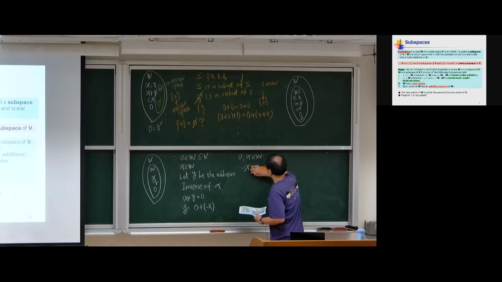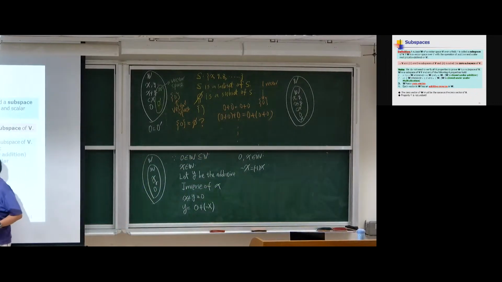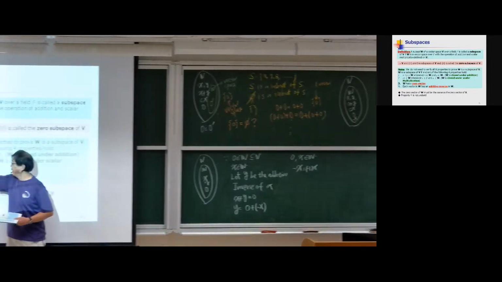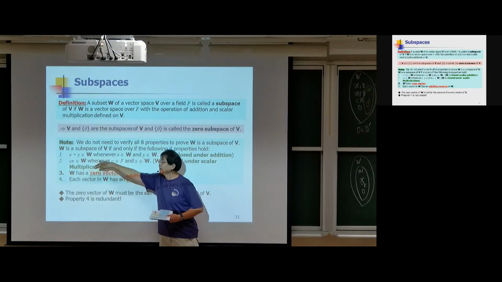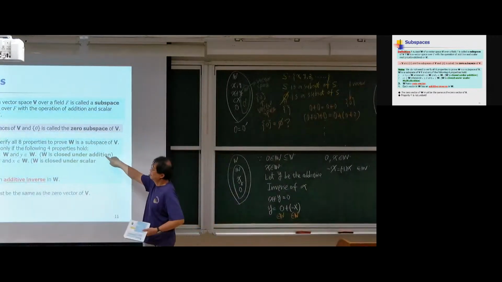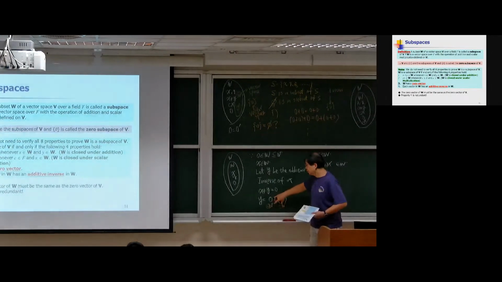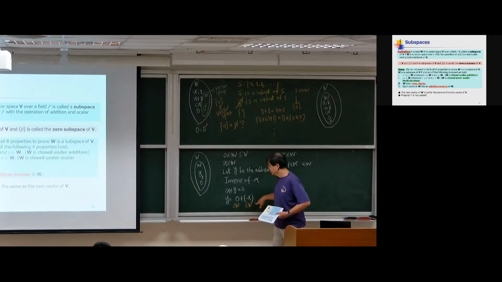So we have minus X equals minus 1 times X. So from property 2, X is in W, C is in the field, minus 1 is in the field, so minus 1 times X is in W. So this belongs to W, and this belongs to W. And then from property 1 here, it belongs to W, it belongs to W. So the sum of these two vectors belongs to W.